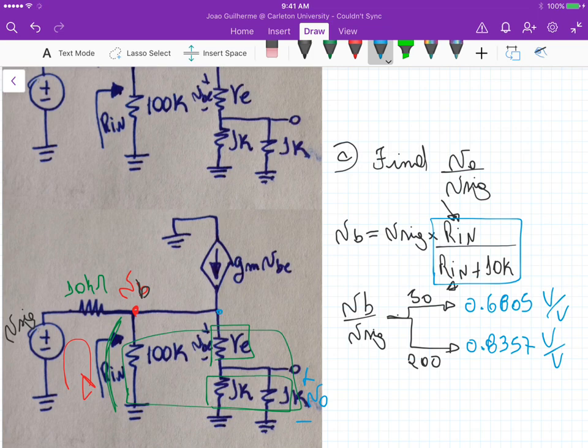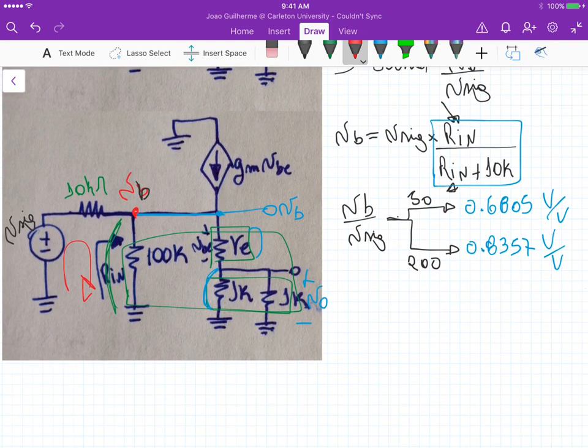At this node here we have VB, because it's the same node. Part of VB is applied through this RE, and part of the VB is applied through this parallel between 1K and 1K. So we can write an equation that V out is equal to VB times, now V out is the voltage across the parallel between 1K and 1K, and we know that is 500. So it's times 500 using the voltage divider, 500 divided by 500 plus the emitter resistance.